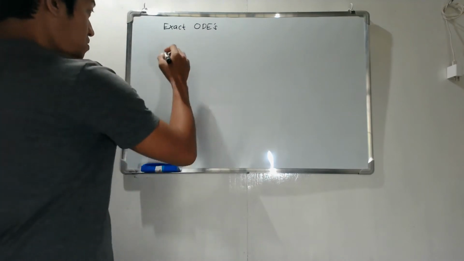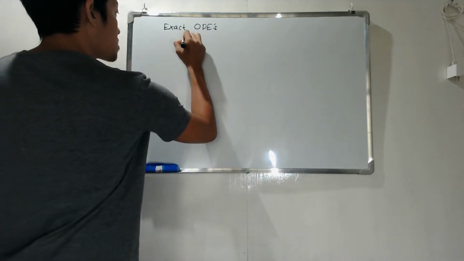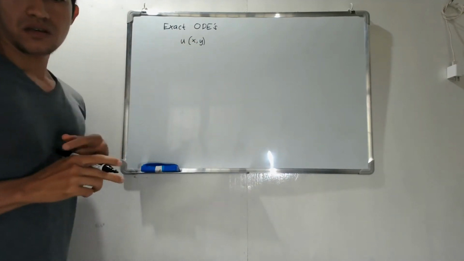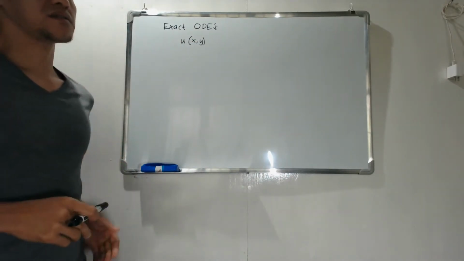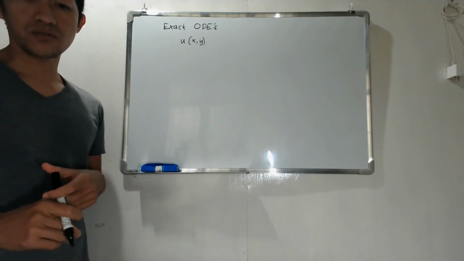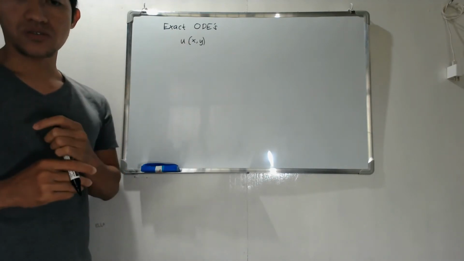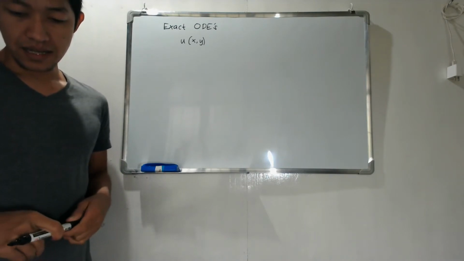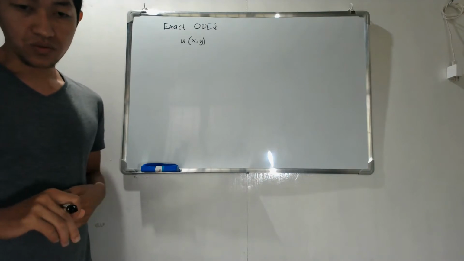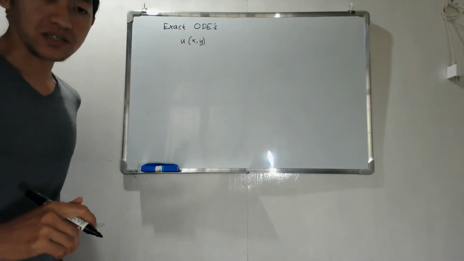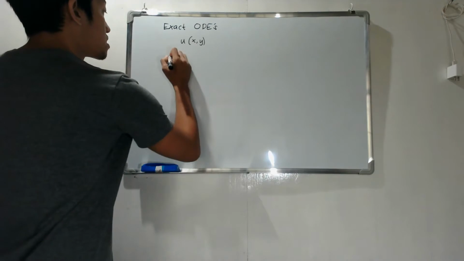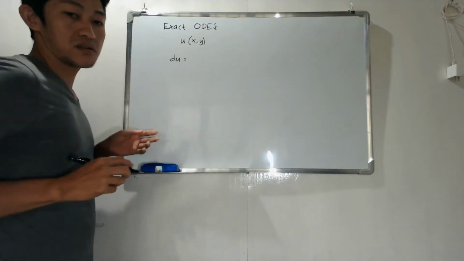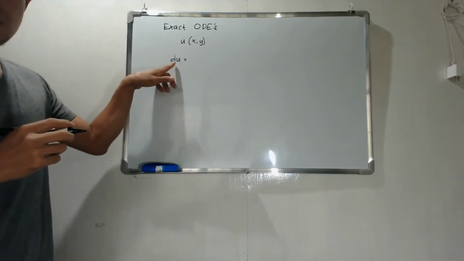Okay, so say for example, you have an equation composed of functions of x and y. Okay, and then if you want to get the total differential of this one, the total differential is denoted by this one.